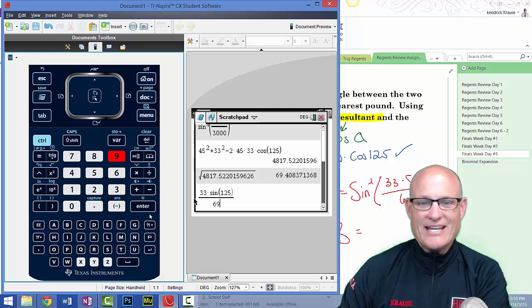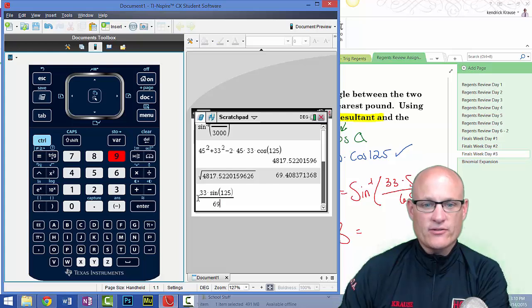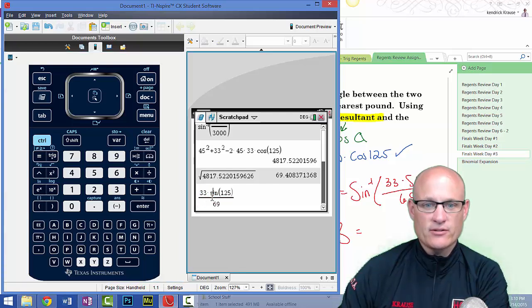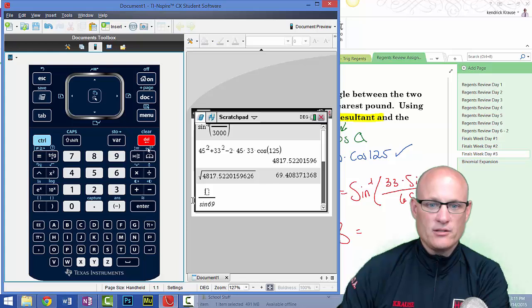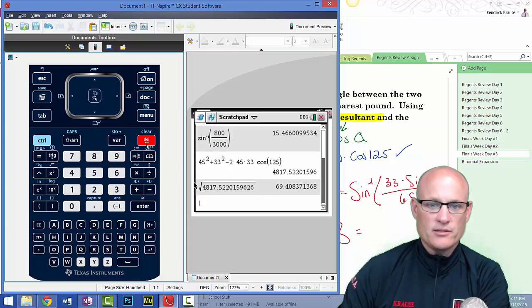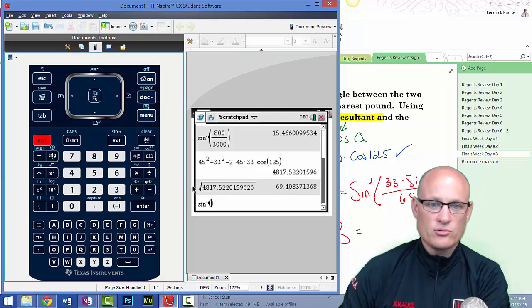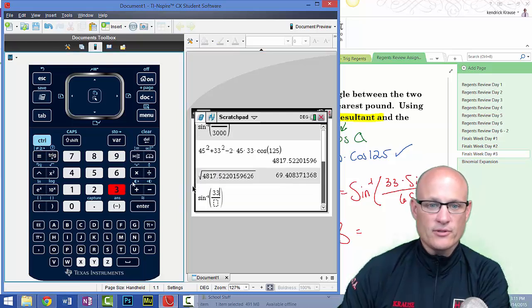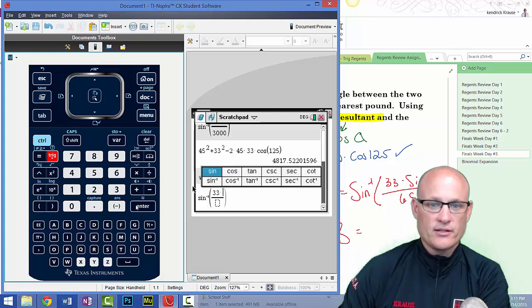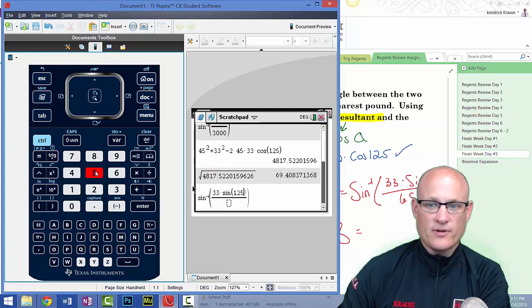Okay, so I inversed. Oh, I forgot to inverse sine this. Son of a gun. All right, complete mess. So delete, delete, delete. All right, so I'm going to inverse sine, 33 times the sine of 125 all over 69.